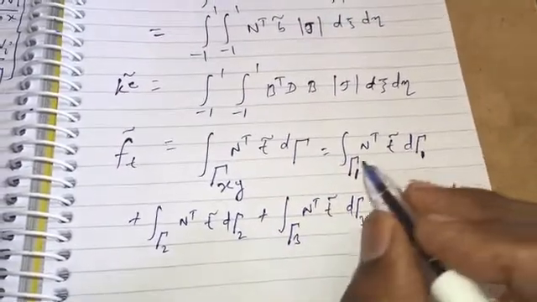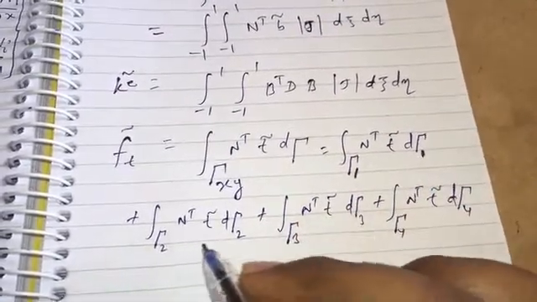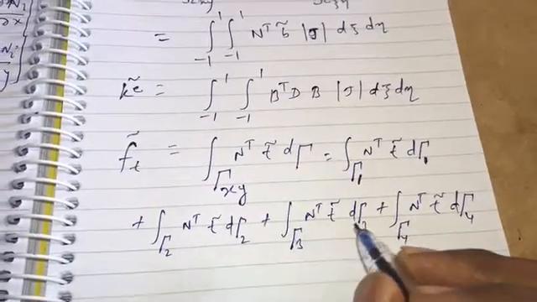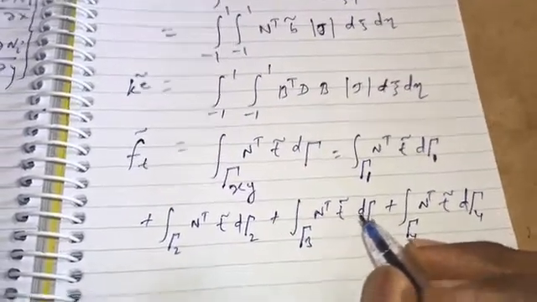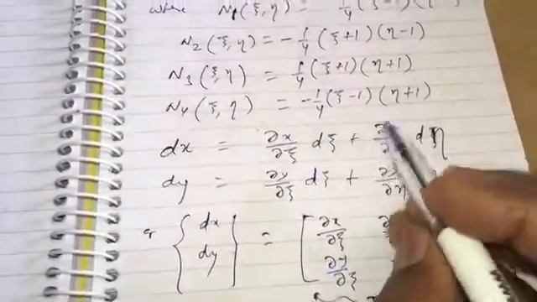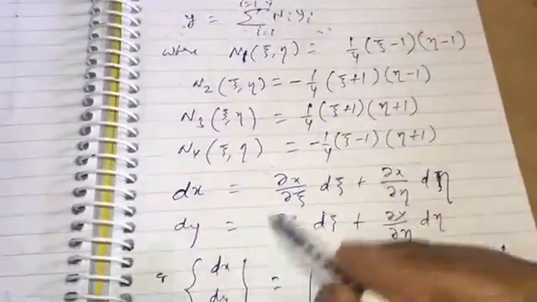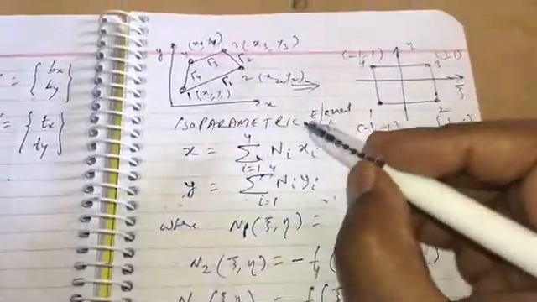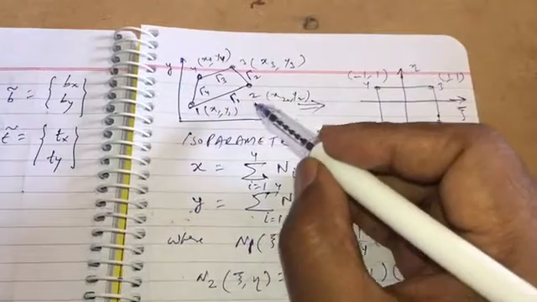Now these d gammas are in the original xy system. So we have to convert that into the xi eta system, and for doing that we can make use of this conversion system. So let us say for example gamma 1.